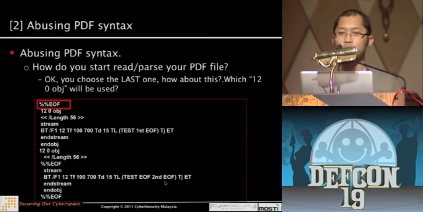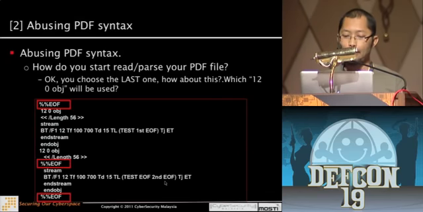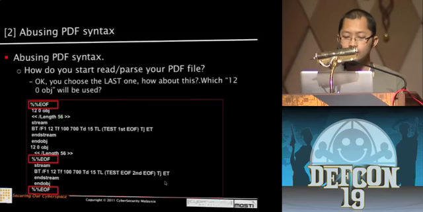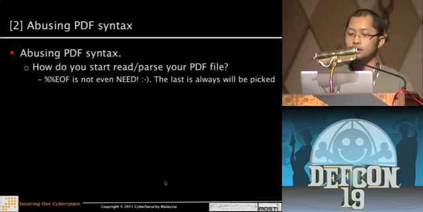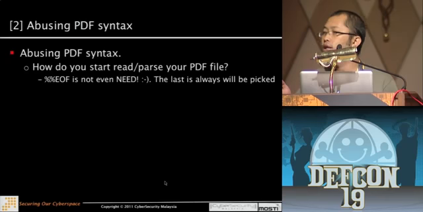I will show you a demo about this later on. But the truth is, the xref is not even needed. If there is no xref, your PDF application or reader can somehow manage to render it properly.